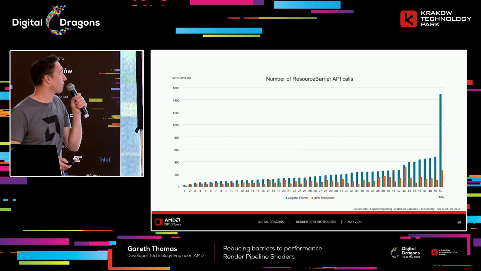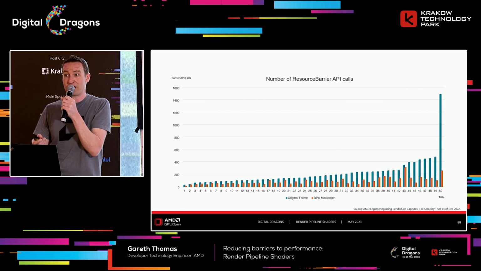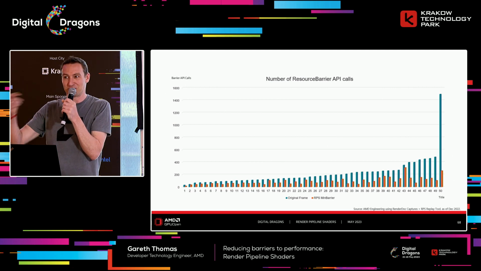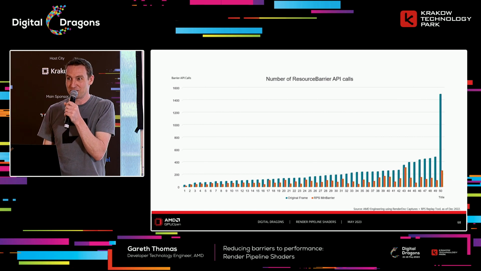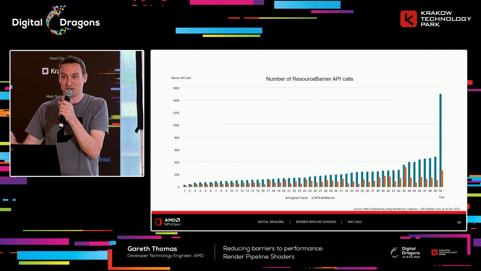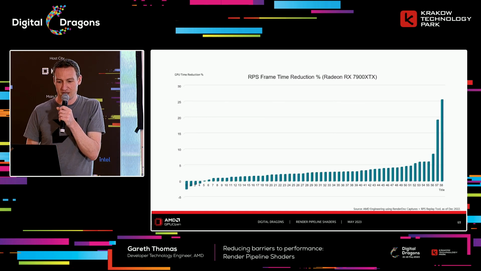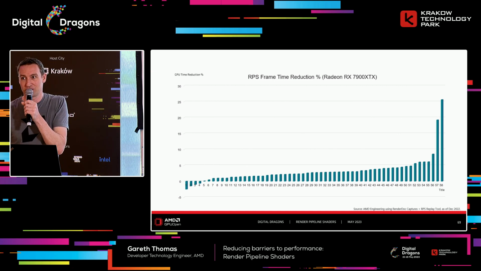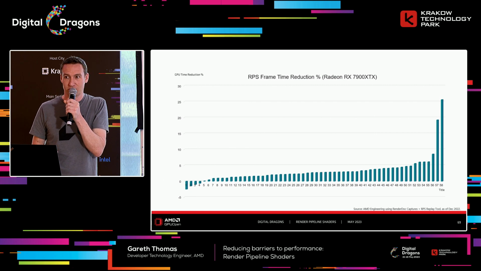This is interesting. This is showing the reduction in the number of barriers, which suggests that most games, even if they've got some sort of auto detection and auto scheduling of barriers, you can probably get it down to about half of that with a render graph. In terms of actual frame time reduction, we're doing all right here.